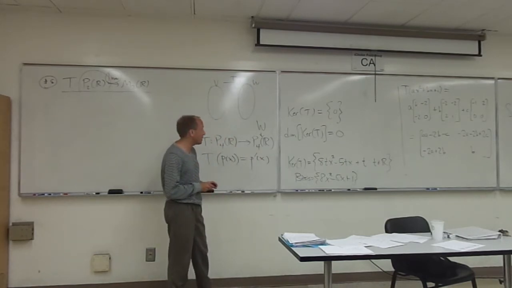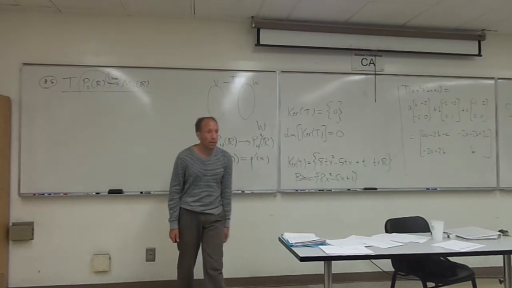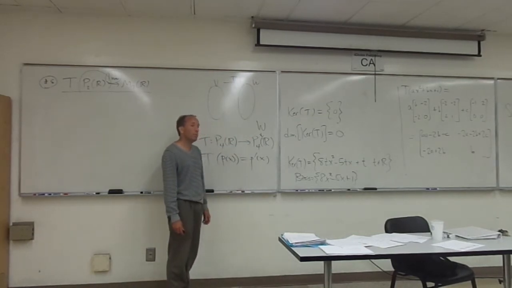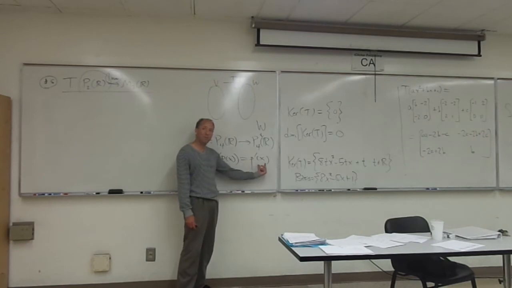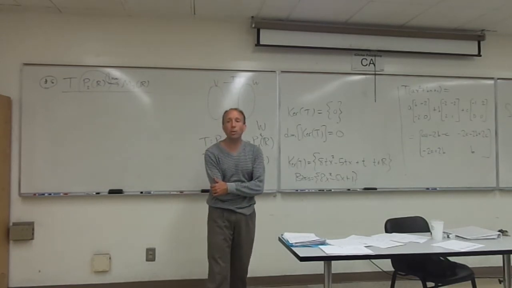We actually showed that that was linear in class last week as one of our examples. If you go back and review those notes from last Wednesday, this is linear. But would you agree that when I take the outputs of this transformation, I can only get things that are cubic or lower?